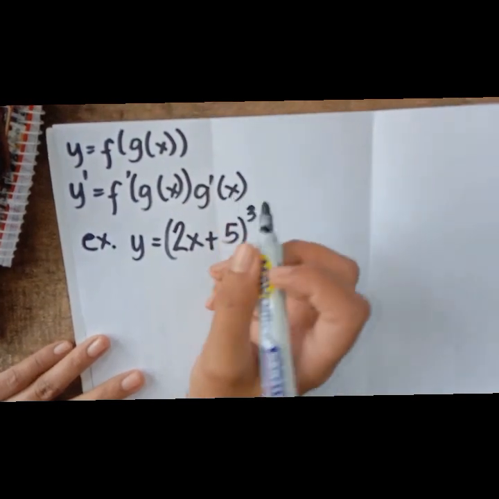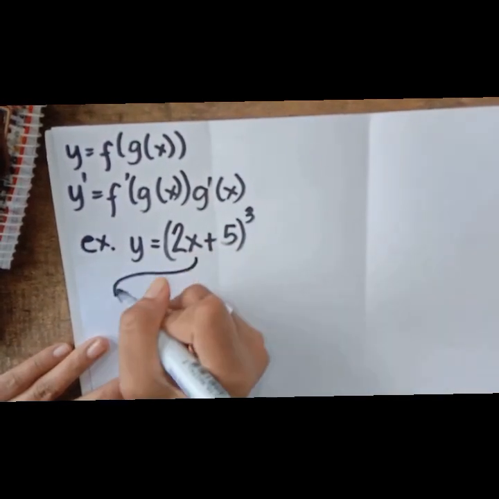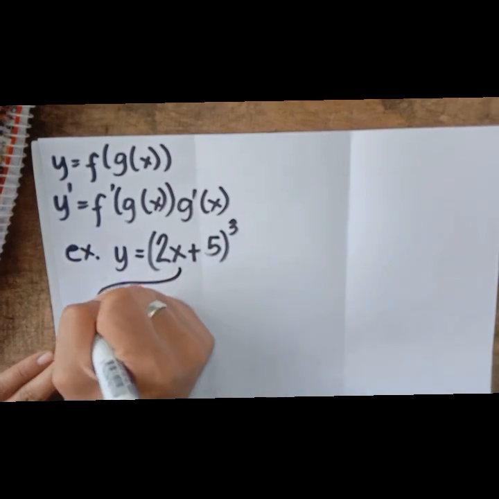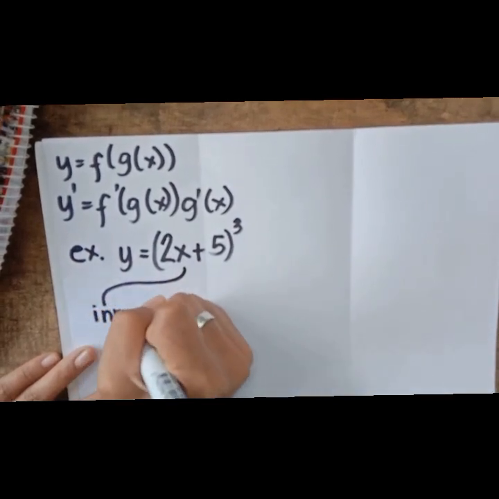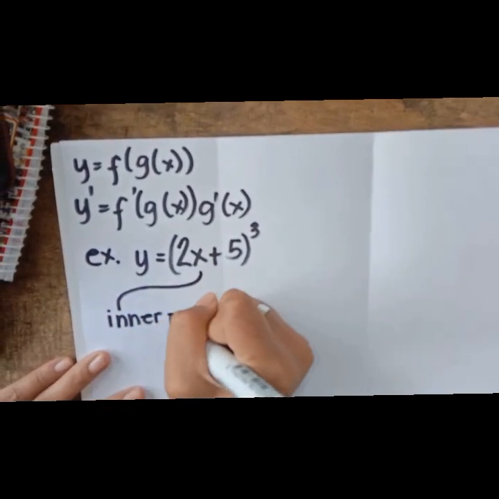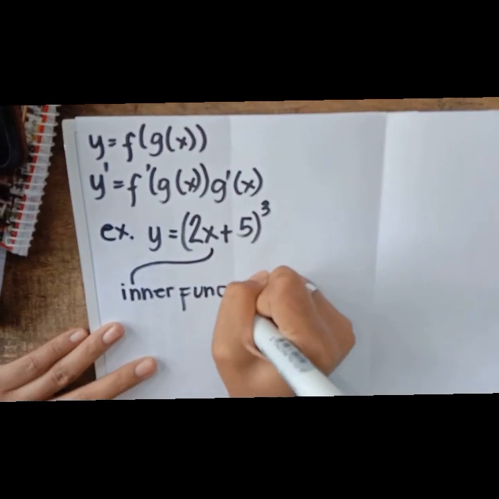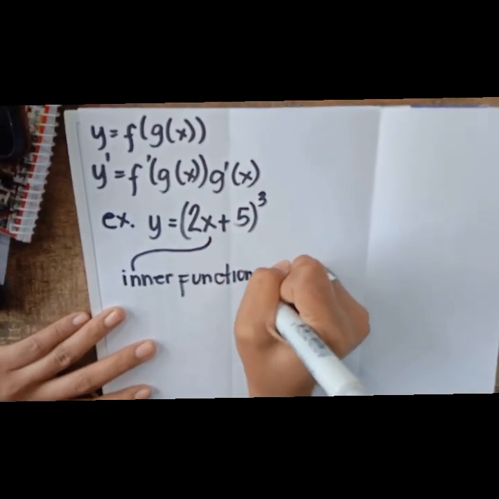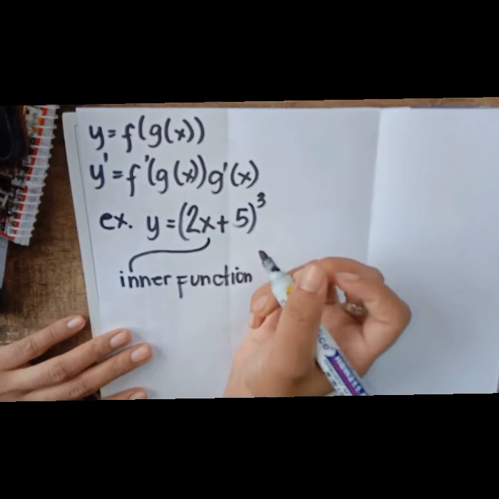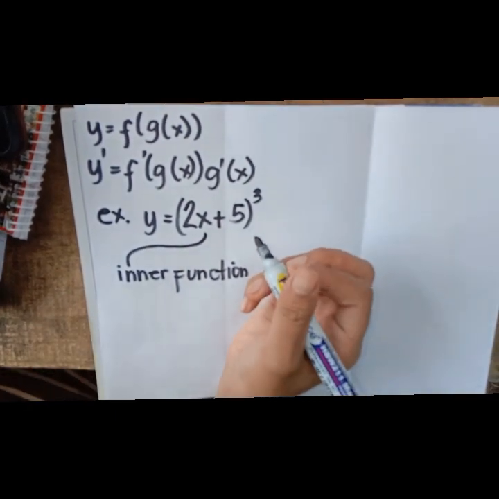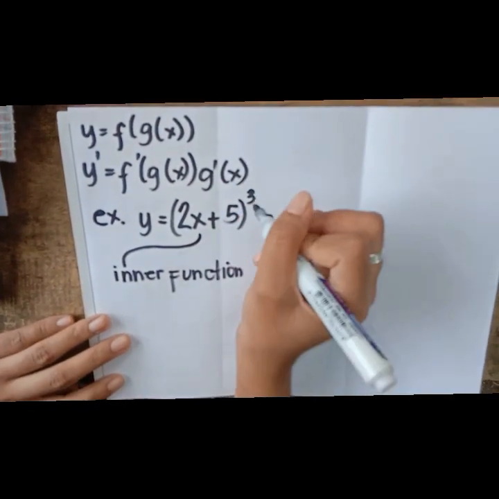The inner function is 2x plus 5. While the outer function will be x to the cube.